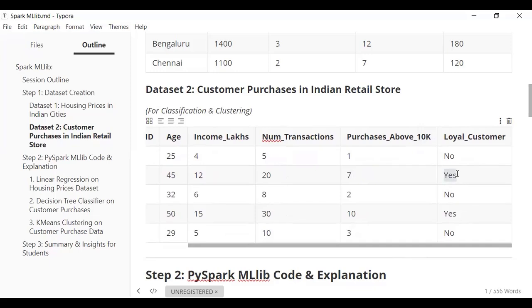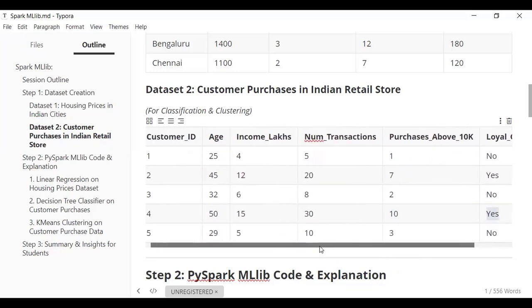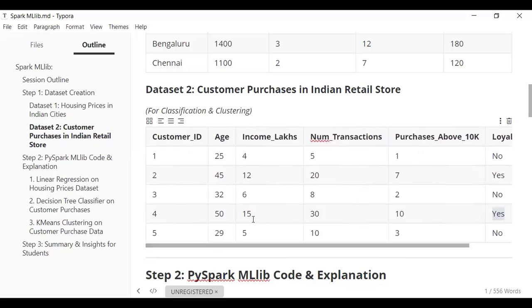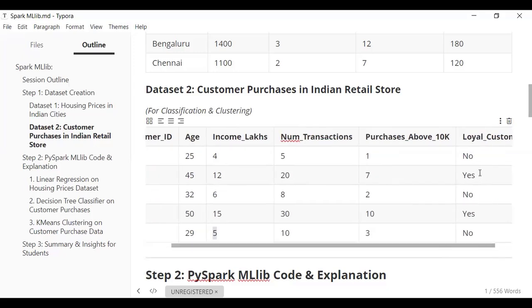Now maybe for 2 or for 10 it might be yes. 10 is more, right? He is earning more income too, and his age is also more. Now for 29, you can go in a similar way. We can say yes or no.